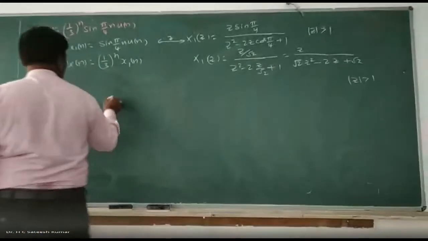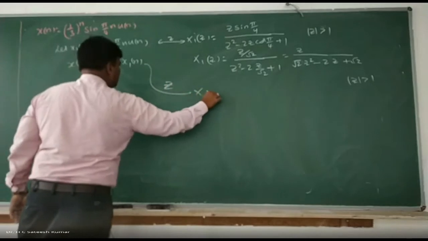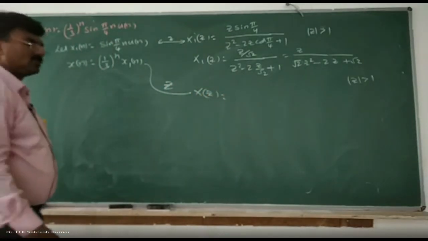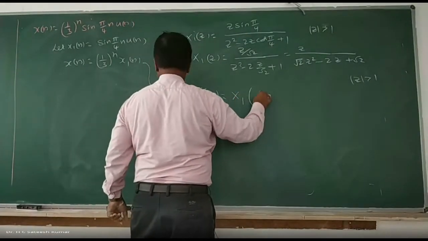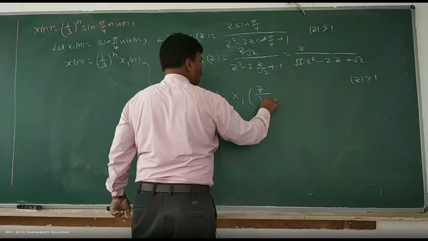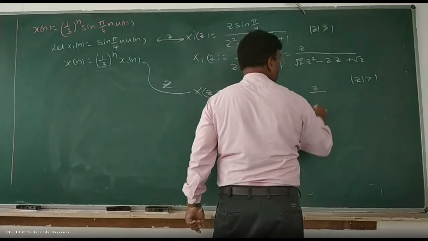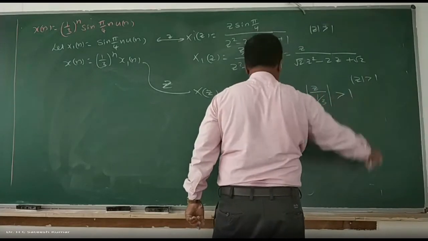What is the z transformation of this one? X(z) is in the a power n into u of n format, therefore X1(z by a). Here a is 1 by 3, and the ROC will change: magnitude of z divided by 1 by 3 is greater than 1.